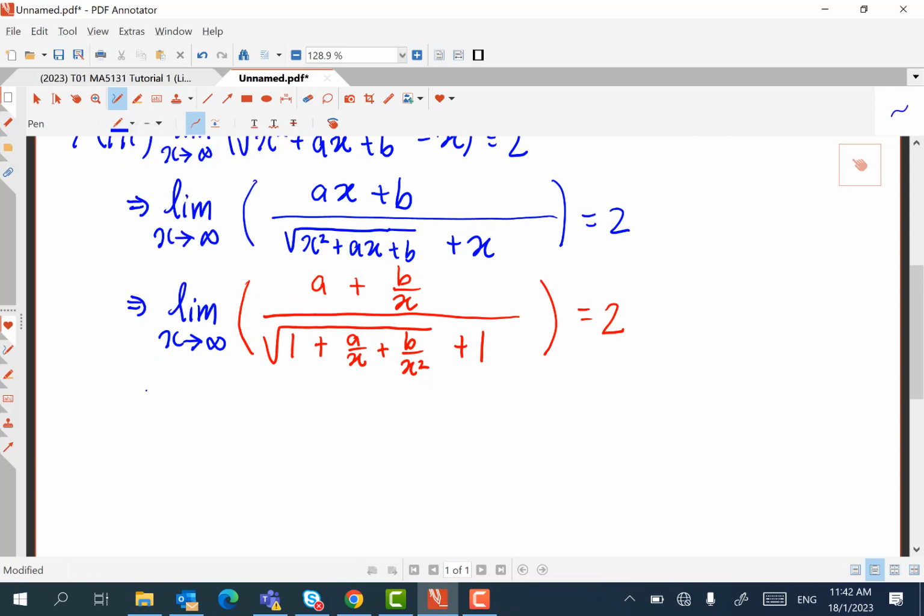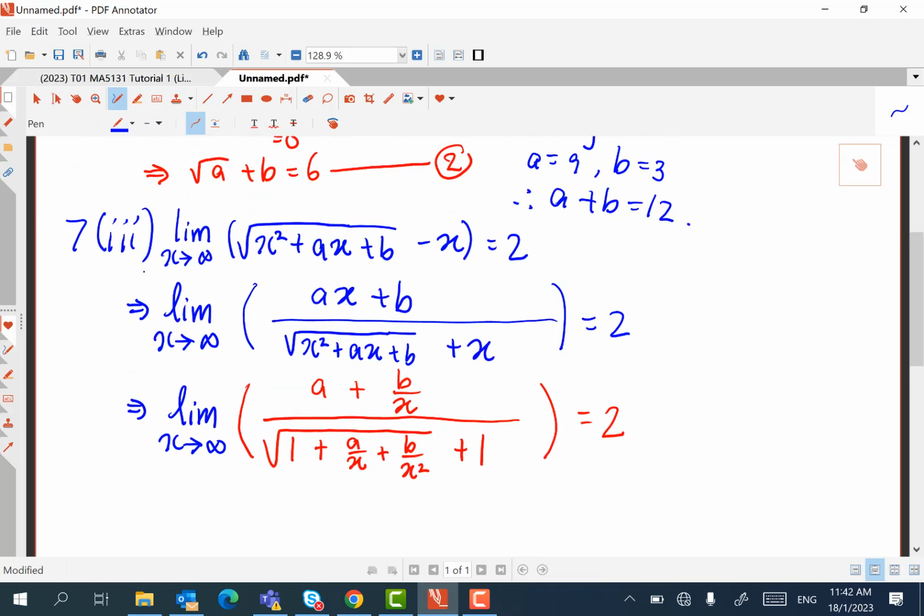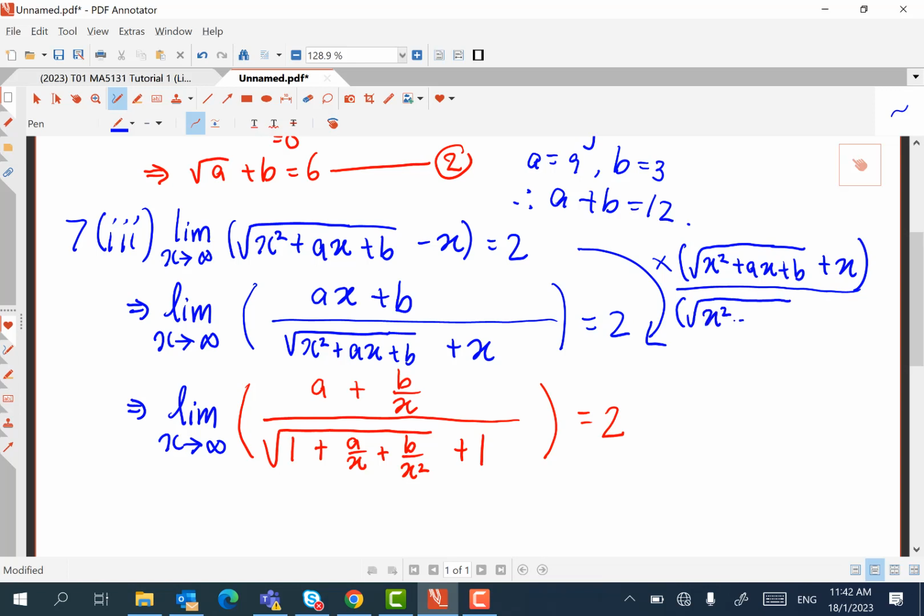Okay. How do you go from the first to the second step? Okay. Multiply by the conjugate. The conjugate is actually. How do you get here? That's what I did, you know.